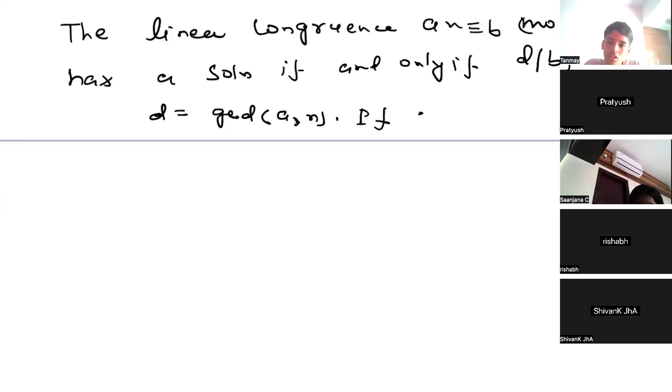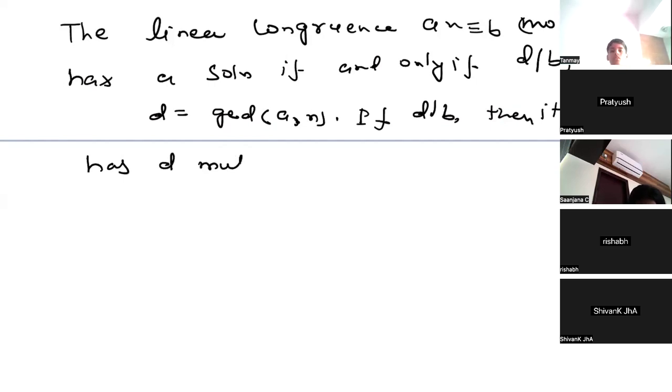If d divides b, then it has d mutually incongruent solutions modulo n. This I was saying.